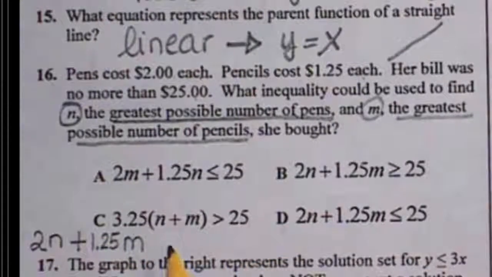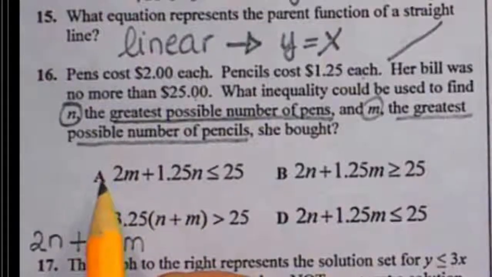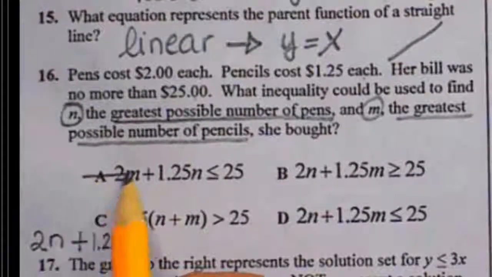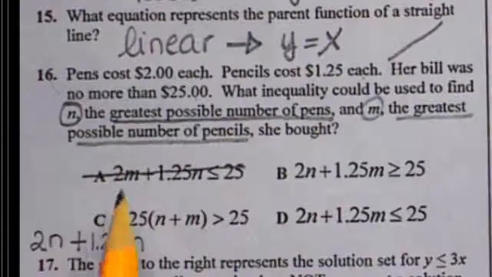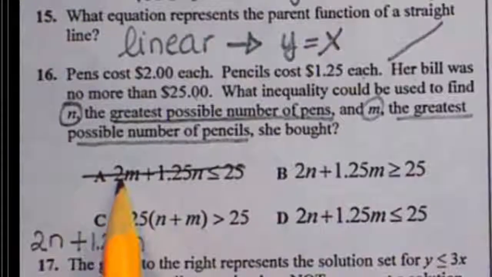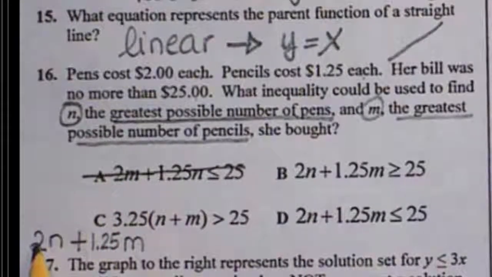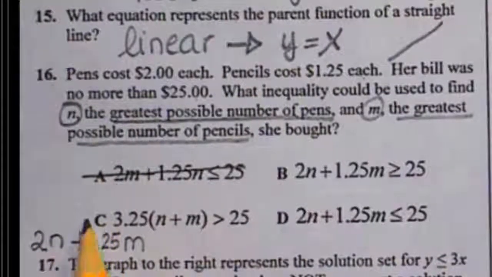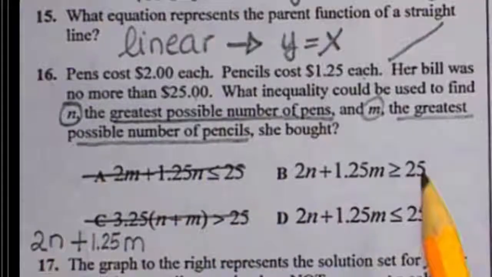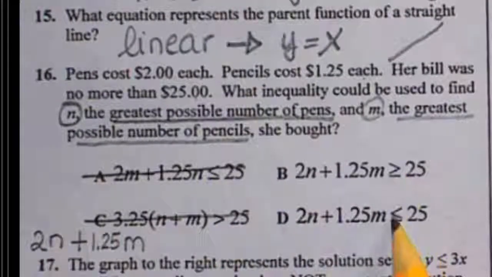And so right there, up to this point here, I can go ahead and cancel letter A, because I know it's going to be wrong, because it says 2 times the number of pencils, and we know the price to be $2 for pens. Also, letter C will also be wrong. So basically the question is between B and D.